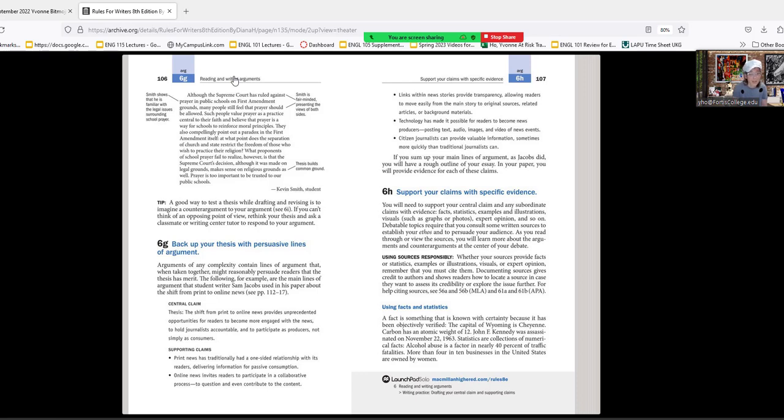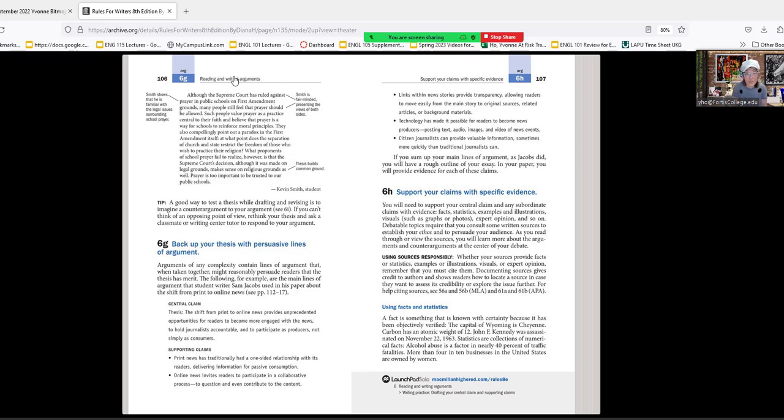Supporting claims. Print news has traditionally had a one-sided relationship with its readers, delivering information for passive consumption. Online news, however, invites readers to participate in a collaborative process, to question and even contribute to content, such as in Wikipedia.